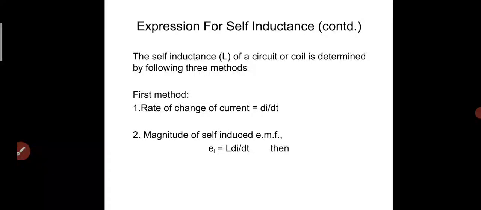If the current in the coil changes, by changing the rheostat, the flux linkages also change, and hence an EMF is induced in the coil, known as self-induced EMF. It is clear that the change of current is directly proportional to the change of flux linkages.